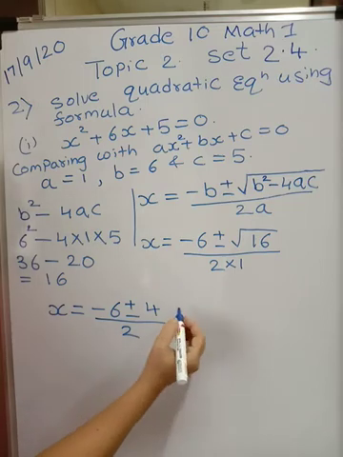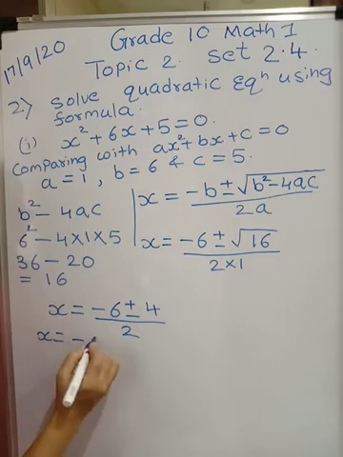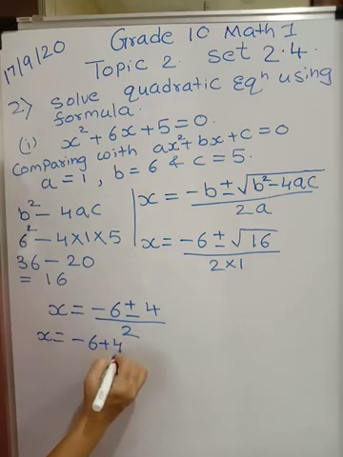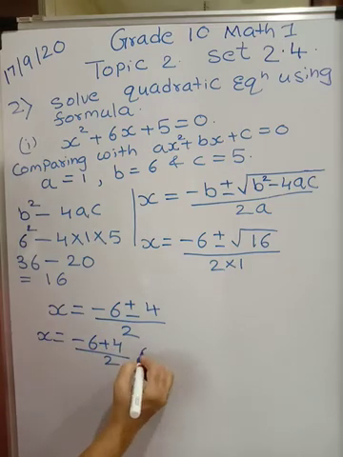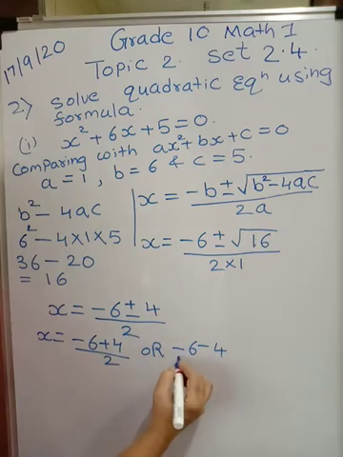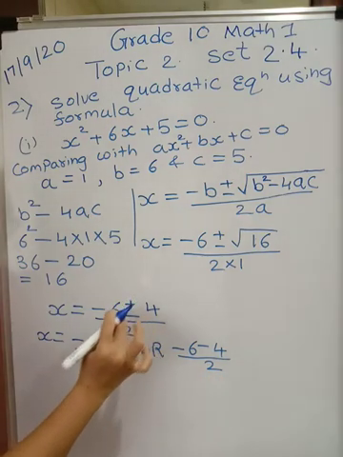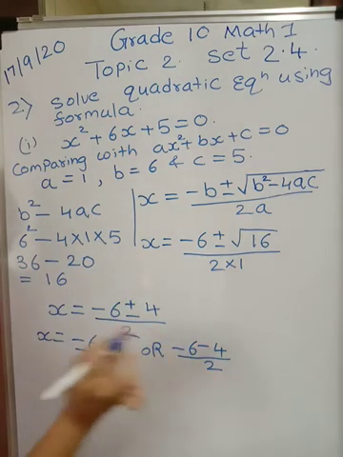So now x will be equal to minus 6 plus 4 upon 2 or minus 6 minus 4 upon 2. One side I have taken plus, one side I have taken minus.